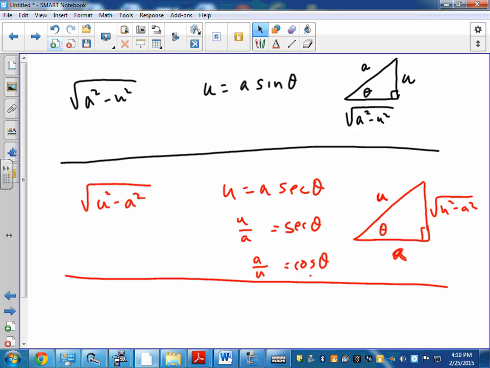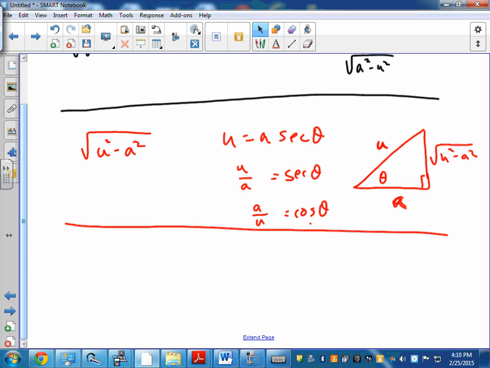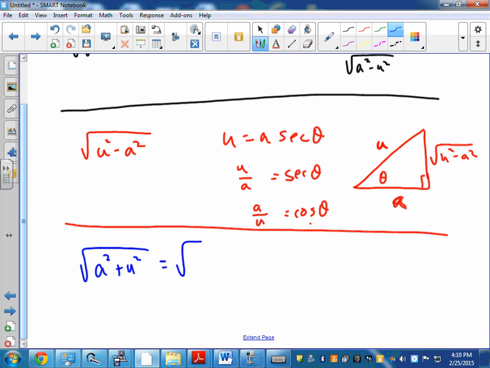And the third one is going to involve, again, a square root, but this time we're going to have a squared and u squared added together. So a squared plus u squared, or if you want, it doesn't really matter, it could be u squared plus a squared, right? Addition is commutative. For those, I want you to use u is a tangent of theta.